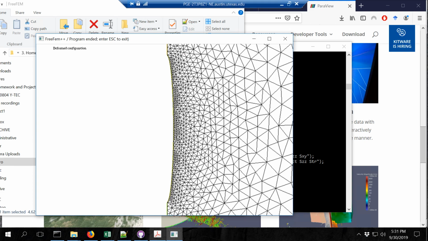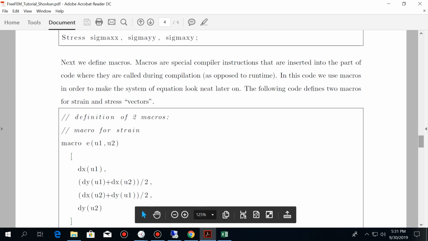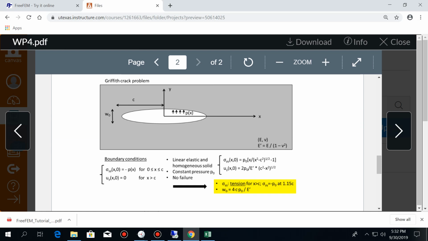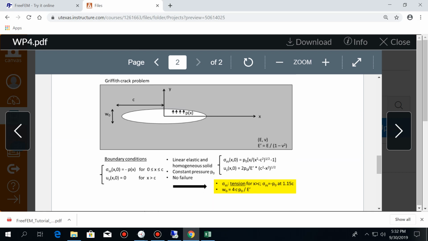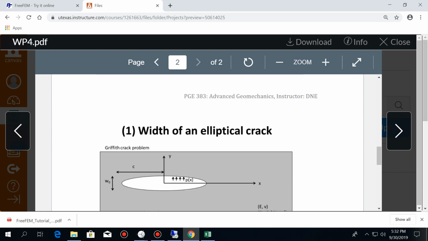Over there, you have the equations for displacements inside the fracture and for stresses outside the fracture. I'd like you to compare those stresses and displacements with the solution out of FreeFEM. And that's everything you have to do for this project.